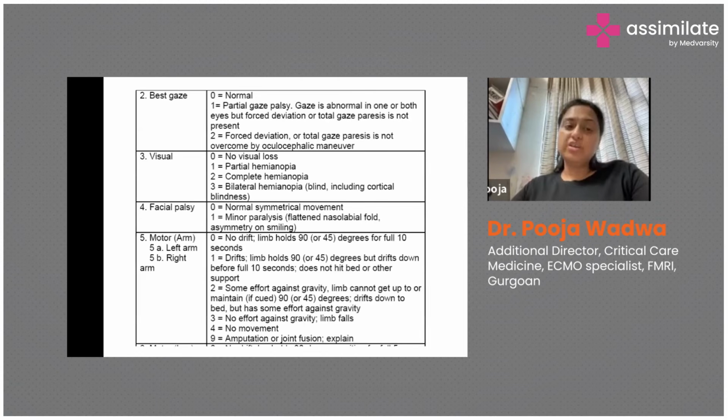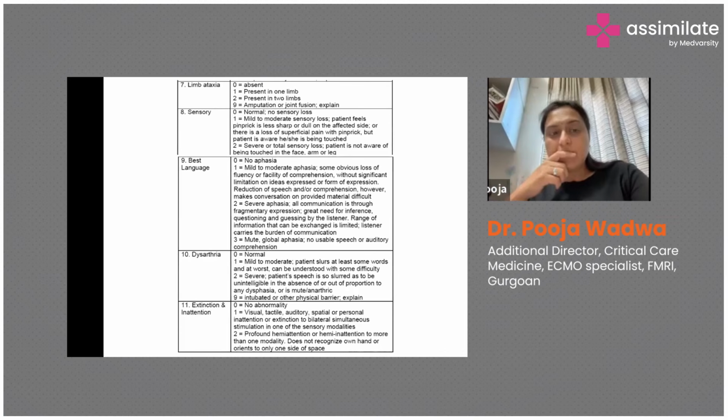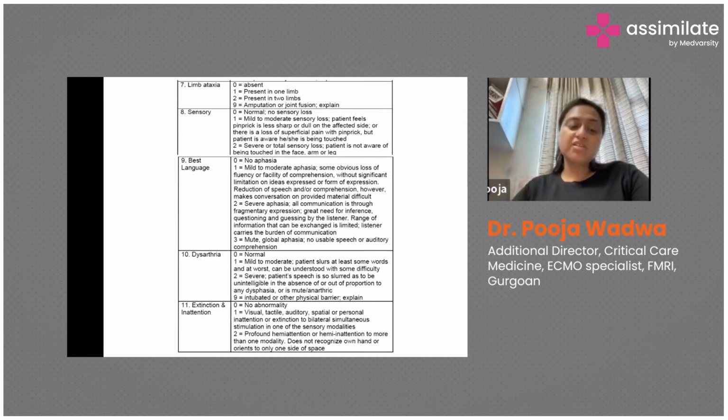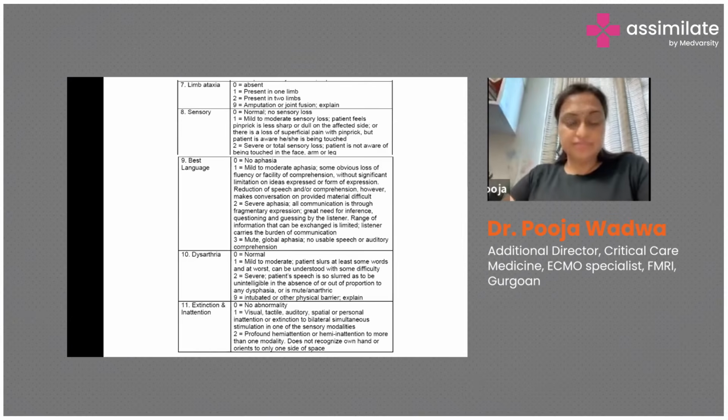Visual 0 to 3. Facial palsy 0 to 1. And motor power from 0 to 5. Next. Limb ataxia, sensory, best language, dysarthria, extinction, and attention are also the components of this score. It's a very cumbersome and a very detailed score, which is usually done when the patient is in the ED. Next.